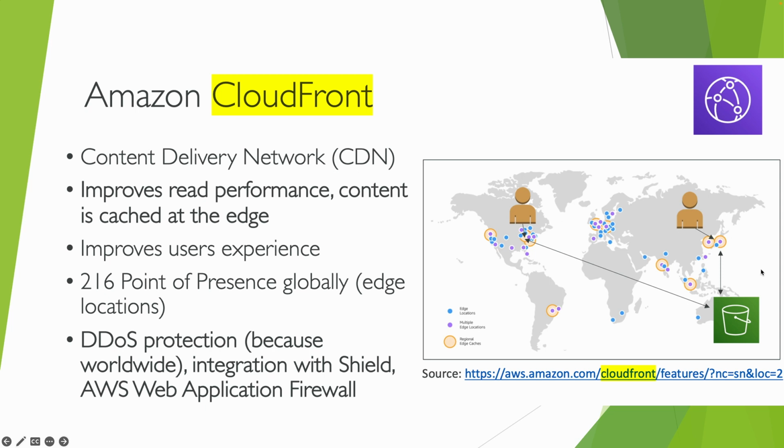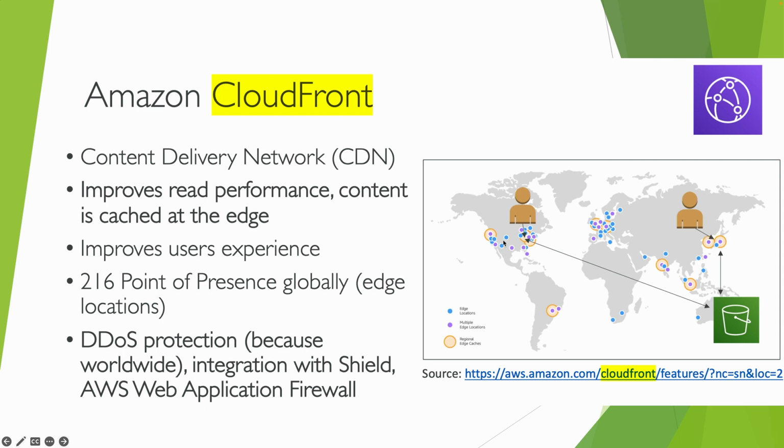Similarly, when a person from China requests the same object, it will keep the object in the cache, the point of presence in the edge location, and serve this person. Any other person from the China region requesting the same object will get it from the point of presence instead of going to the bucket.